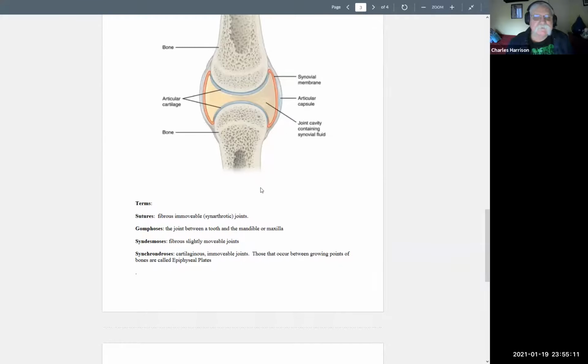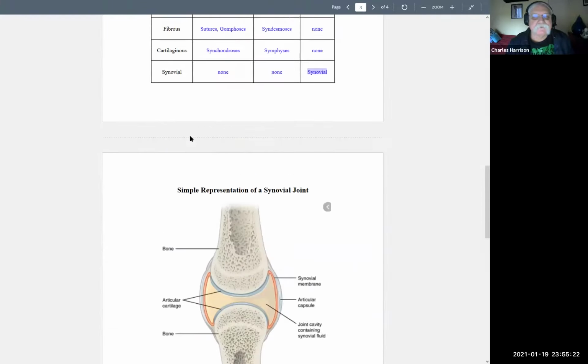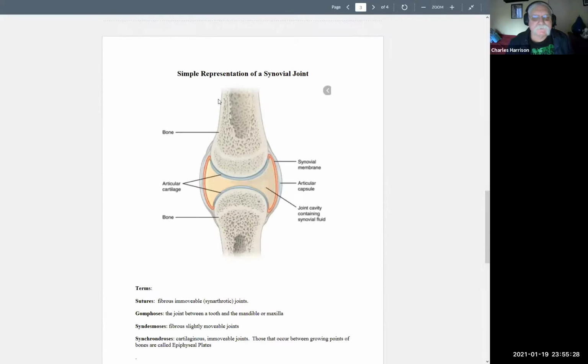Some terms then to review. Sutures are fibrous and movable joints. Okay, now you may have to go back up to the chart, fibrous, and we know that word means a movable joint.